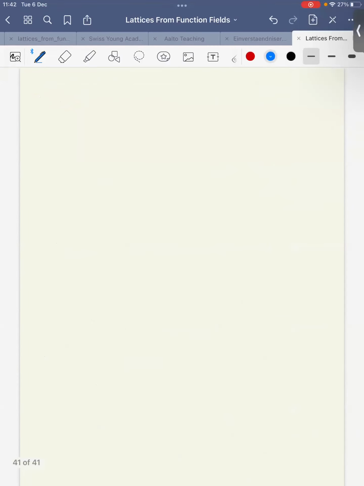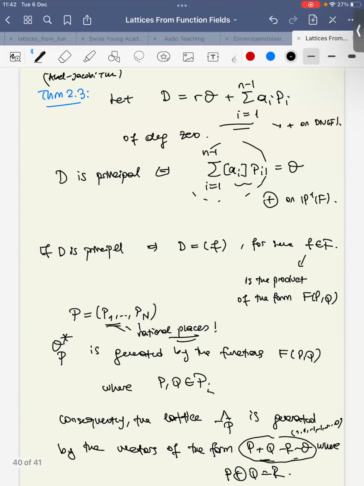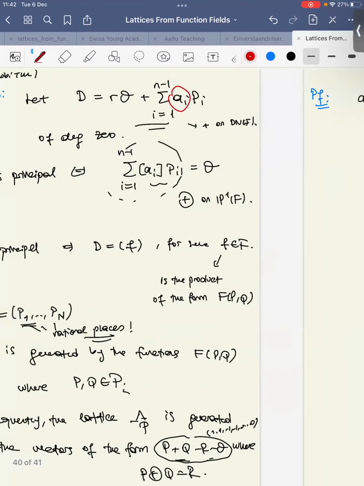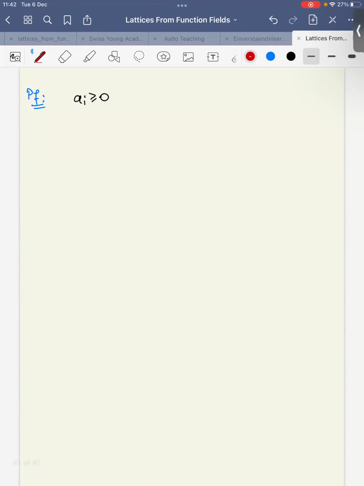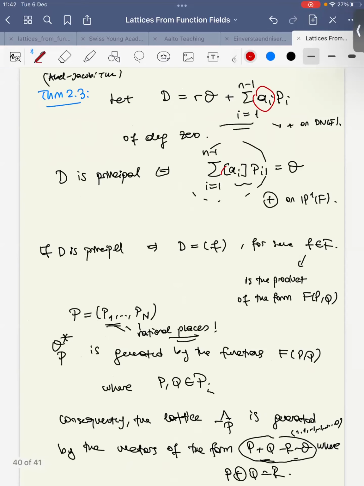And the sketch of the proof actually uses the previous theorem. Without loss of generality, we may suppose that these a_i, the coefficients of these P_i, are positive. So we are talking about positive summands.